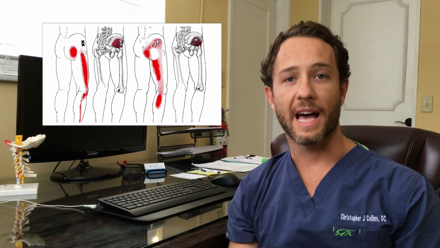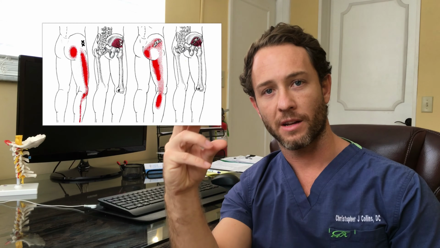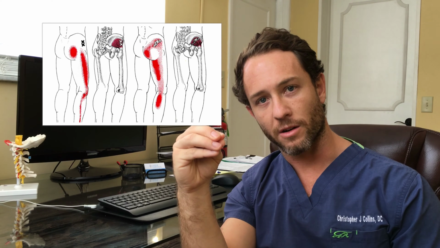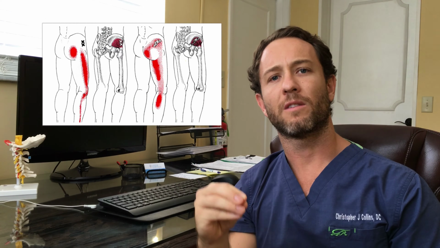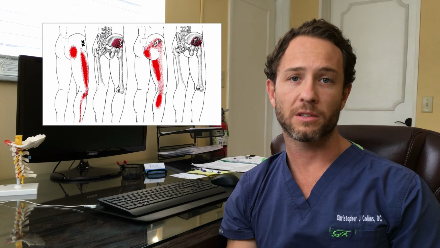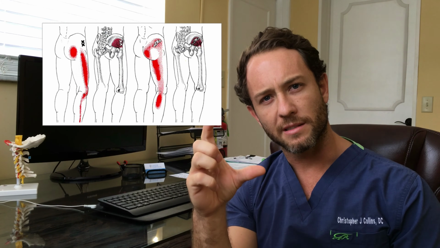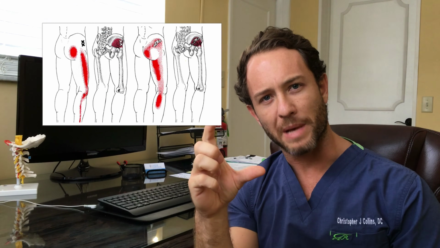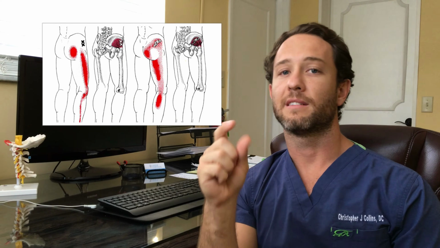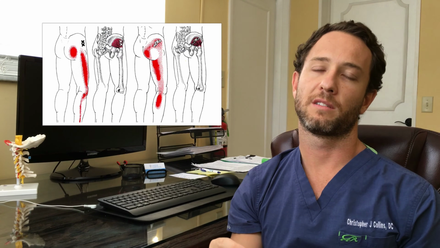Now, those nerve roots come down and become the sciatic nerve. For some people, that sciatic nerve actually pierces through the piriformis muscle. So if that muscle is in spasm or irritated or spastic, it can irritate the sciatic nerve, which can cause numbness, tingling, pain, and increasing dysfunction over time.